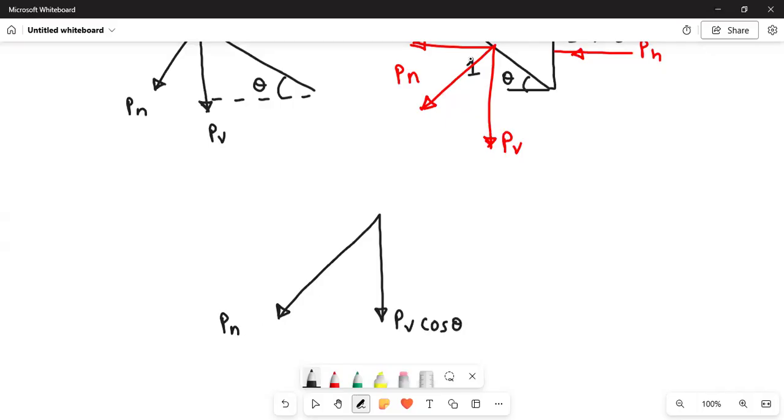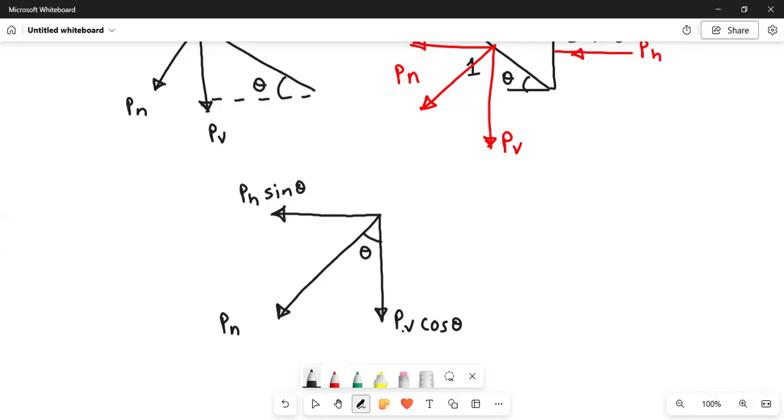Pn into 1, you are multiplying the length, whatever length it's having, the length of the strip. And this is theta. And here you have PH, PH into sine theta.